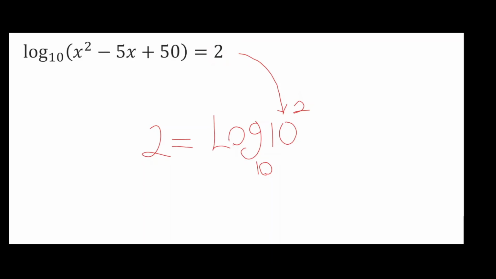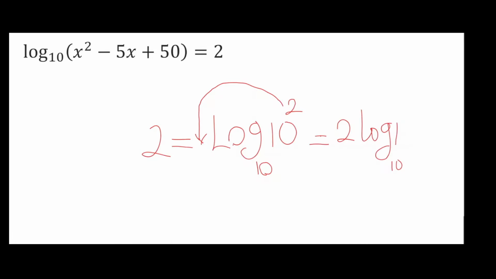And don't forget, when we have a situation like this, I can easily bring the 2 down like this, to become 2 log having a base of 10 and an argument of 10. And as you already know, log having a base of 10 and argument of 10 is 1.